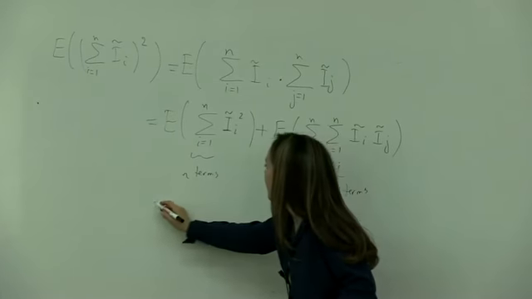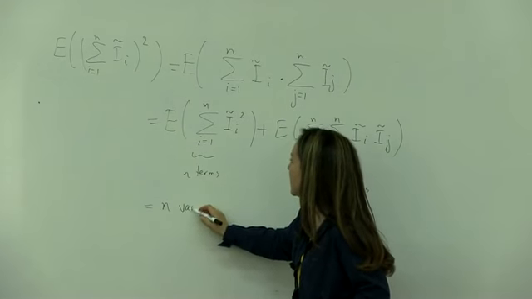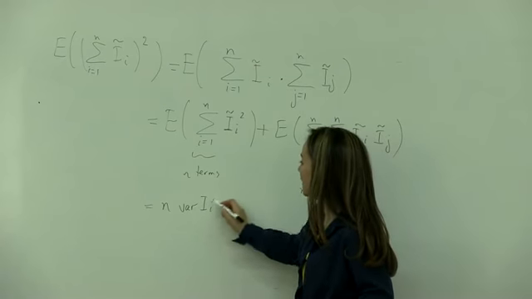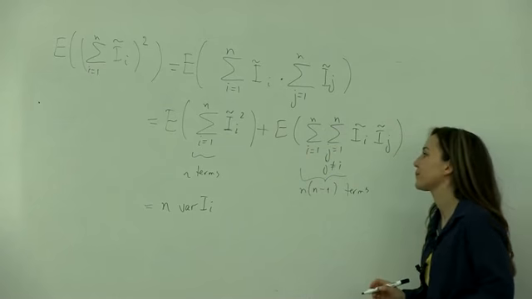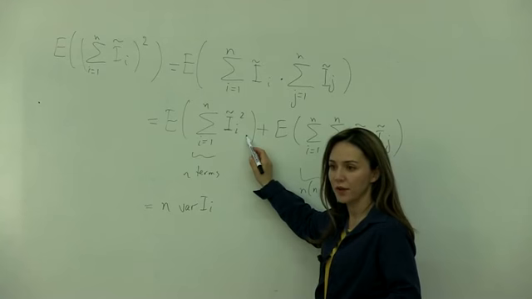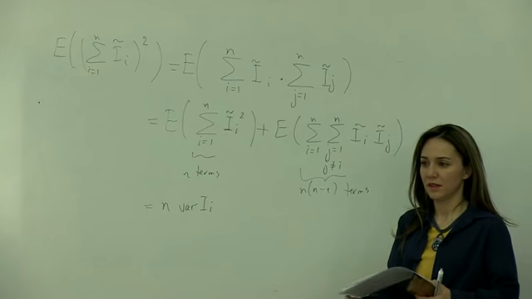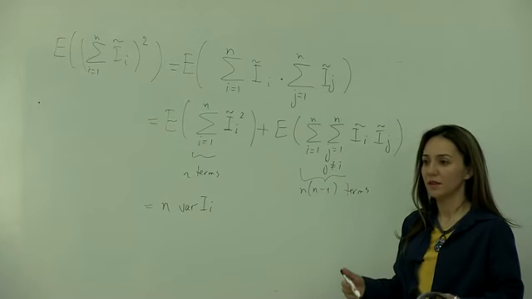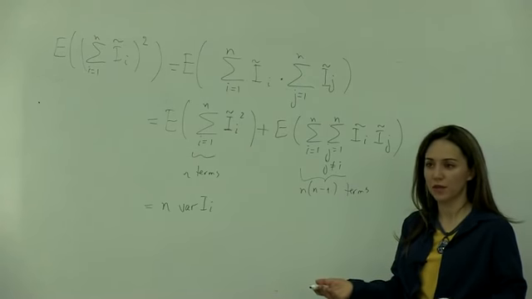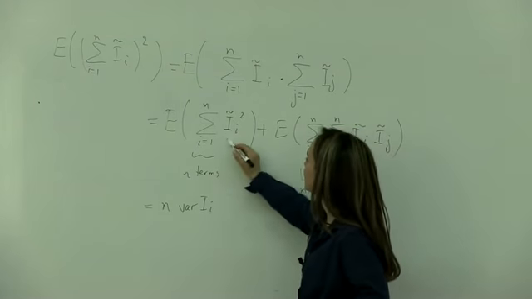So let's continue. I have here n times the variance of I_i. Why? Because the expectation of I_i tilde squared is nothing but the variance of I_i tilde, because it's a zero mean random variable. If you want to think of this, you put the definition back in.